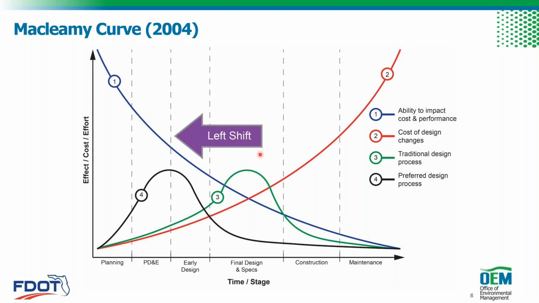He envisioned that it would be really beneficial for us to begin to think about shifting that decision making to an earlier point in the process. That's why it's considered a left shift, okay? We put a lot more effort into doing a lot of these activities during the PD&E and early design phases, so that when we are into final design and specifications, we're under that curve, right?